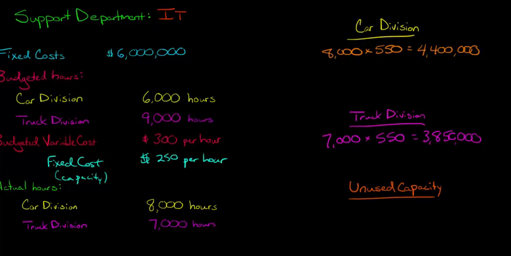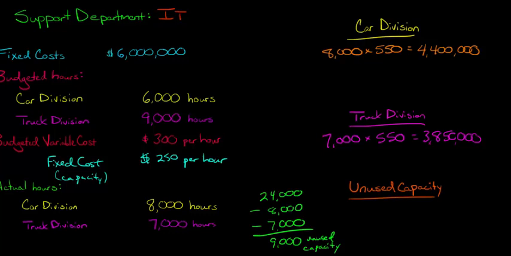But we only have 8,000 and 7,000, which is 15,000. So if we take that 24,000 max capacity, and then subtract the 8,000 actual for the cars, and then the 7,000 for the trucks, that leaves us with 9,000 hours unused capacity related to those fixed costs.